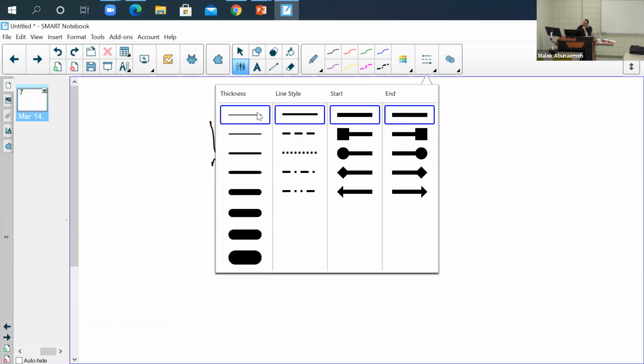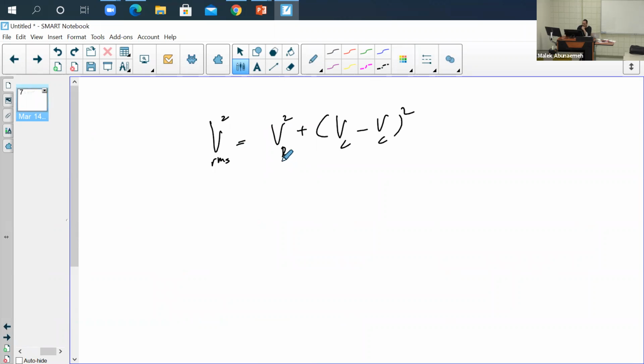Now let me define this. Your VR is going to equal your I RMS multiplied by R. Your VL is going to equal your root mean square current multiplied by your inductive reactance.